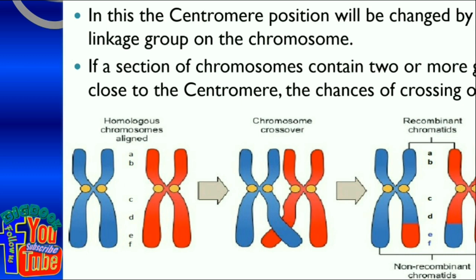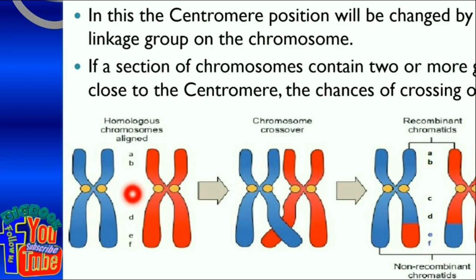The centromere will not take part in any kind of crossing over because it is a highly condensed part of the chromosome, and whatever genes are located here, whatever the DNA or genetic material, let it be a genetic marker or expressible gene loci or a heterochromatic DNA sequence, the exchange of this will not take place.